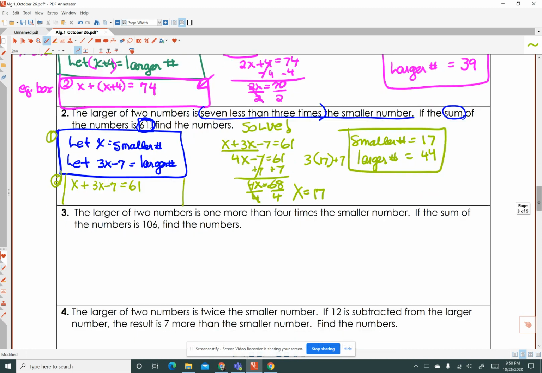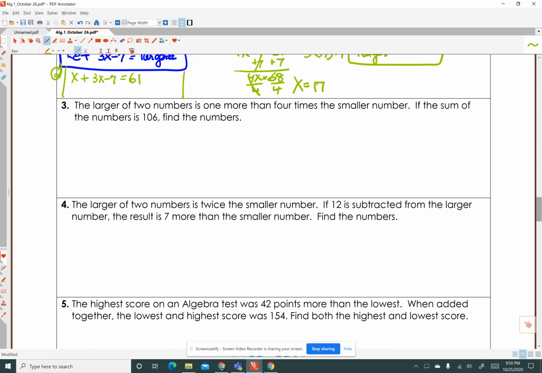You're starting to see the rhythm of these, how they work, kind of get the hang of them. It takes a while, it takes a lot of practice. So number 3, the larger of two numbers is 1 more than 4 times the smaller number. The sum of the numbers is 106. Find the numbers. So let's make our x box. So we're going to let x equal the smaller number.